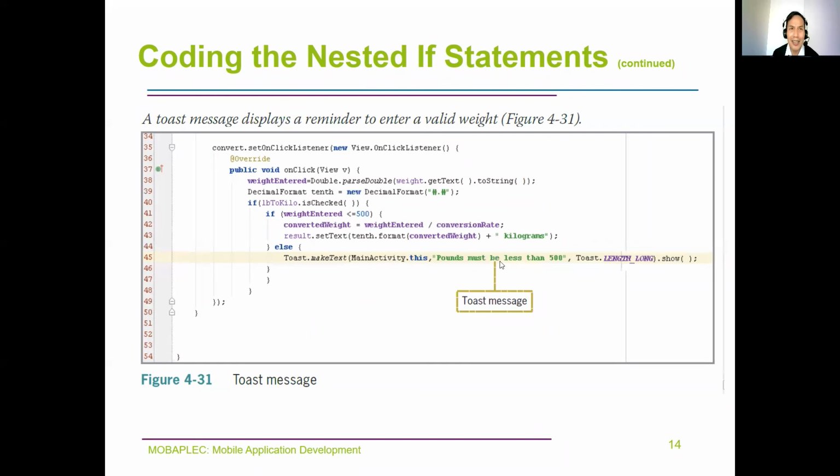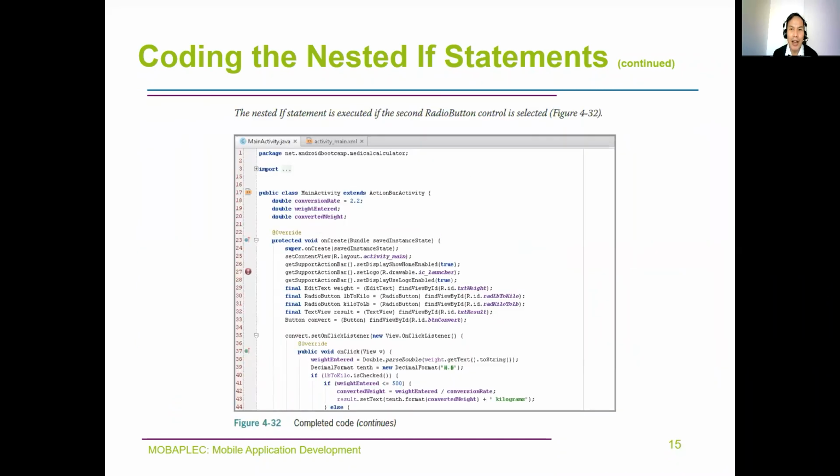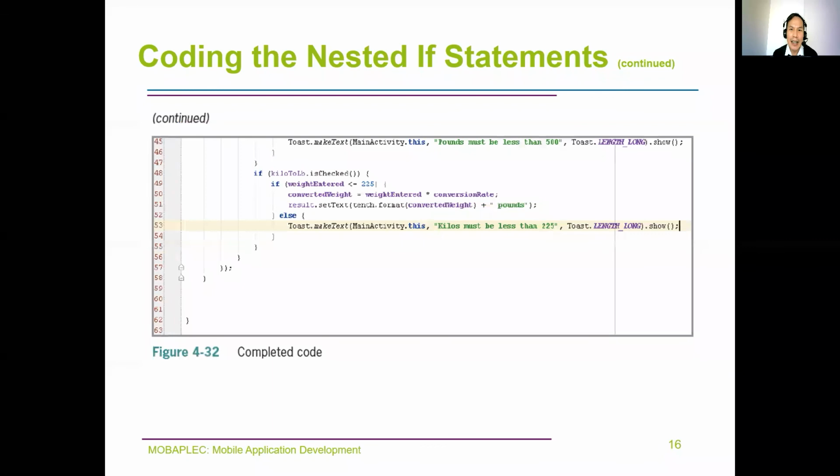We actually did this in the calculator app. We use the method for the toast, then it will give you the answer based on the message that you supply. You already know this. Next, the same is true with the selected radio button, and in completing the code, that's it. You need to exit the given process.